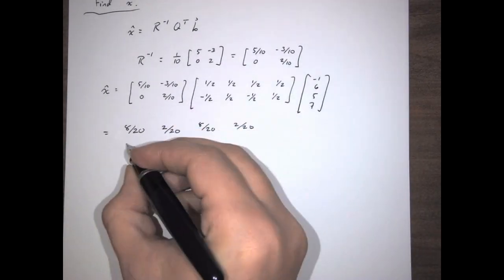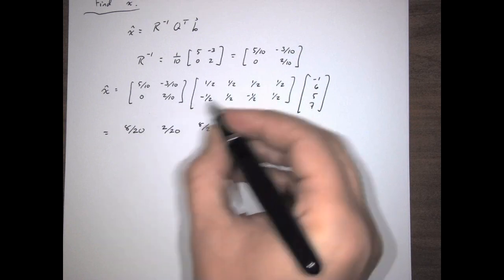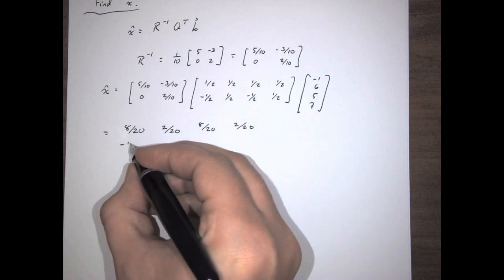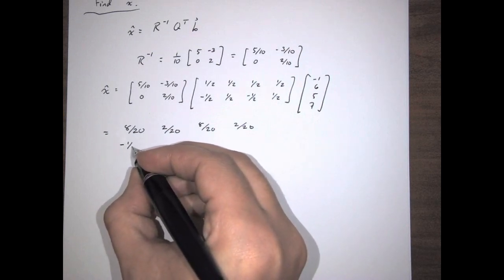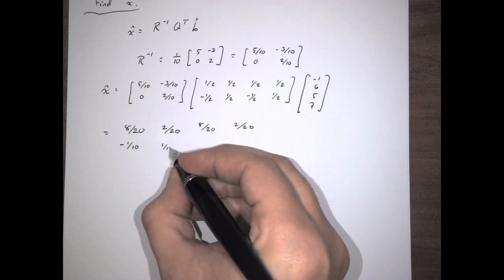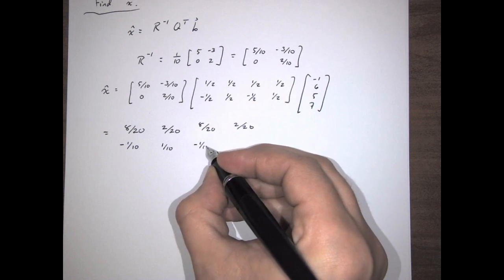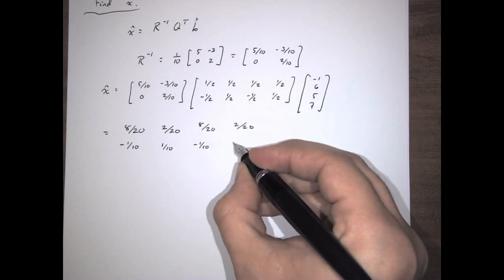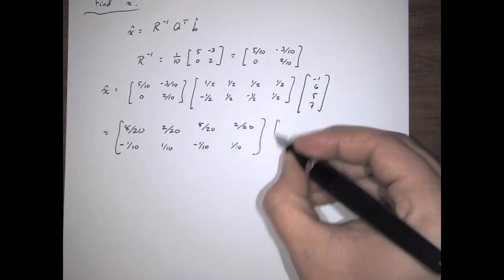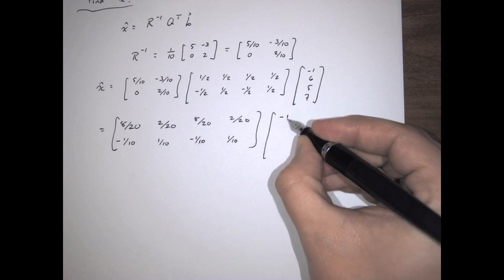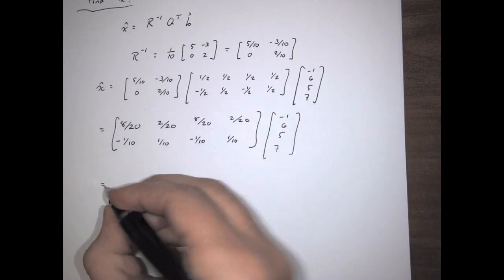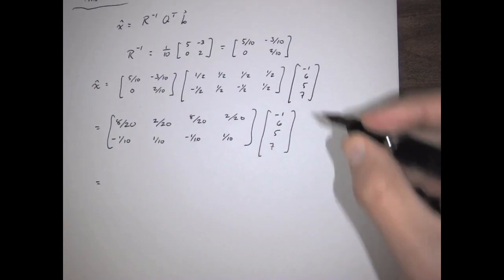And then down here, it's going to be -1/10, 1/10, -1/10, and 1/10, times -1, 6, 5, and 7, which we can then proceed with here.